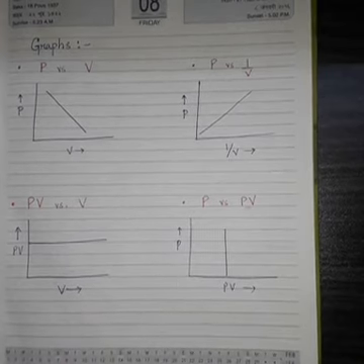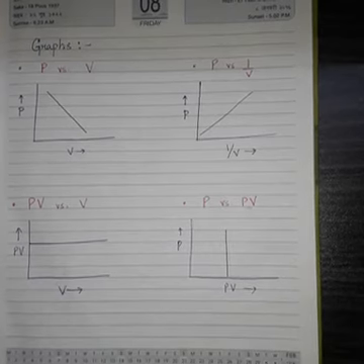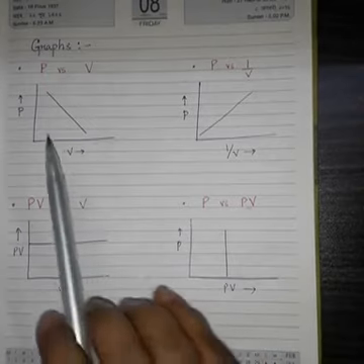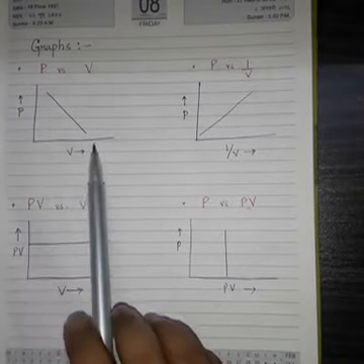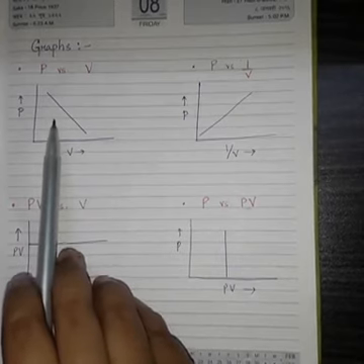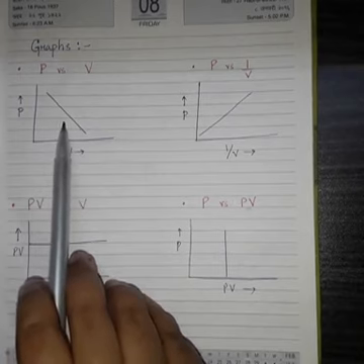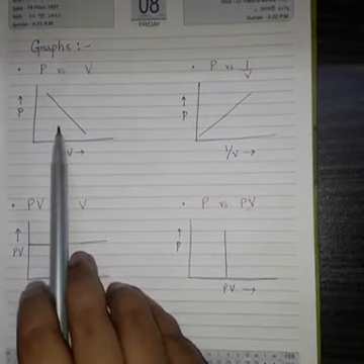Since P and V are inversely proportional, that is, one increases and the other decreases, if I plot a graph of them, it will be a line with a negative slope. As all of you can see, it is a line with a negative slope since P and V are inversely proportional to each other.